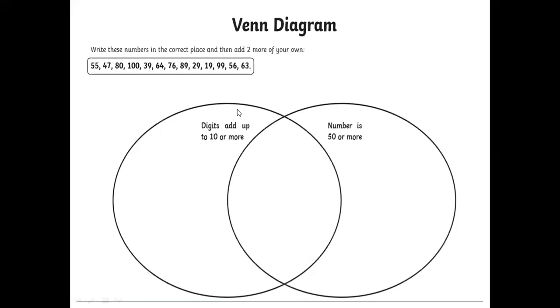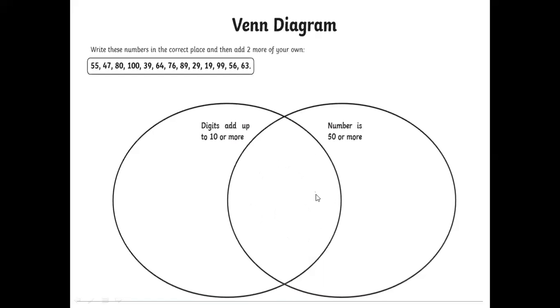So remember when we used to say that here, the first circle alone represents what? This circle alone, on the left side, is for digits that add up to 10 or more. And here is for numbers that are 50 or more.